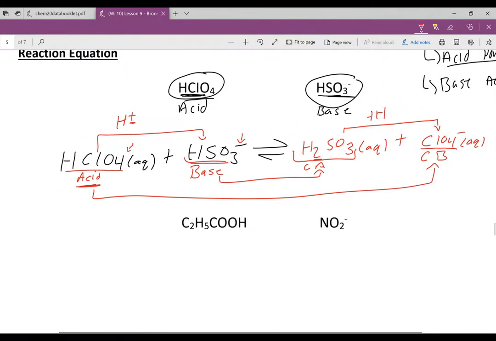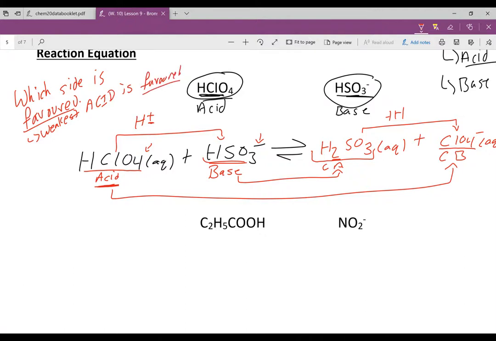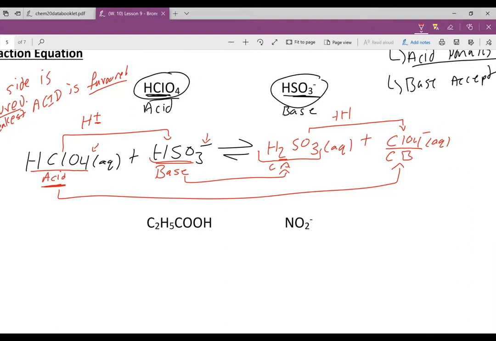Now, the last thing I want to mention is which side is favored, okay? So something to understand, the side that has the weakest acid is favored. Now you might be asking yourself, why is that happening? Why is my weakest acid side being favored?